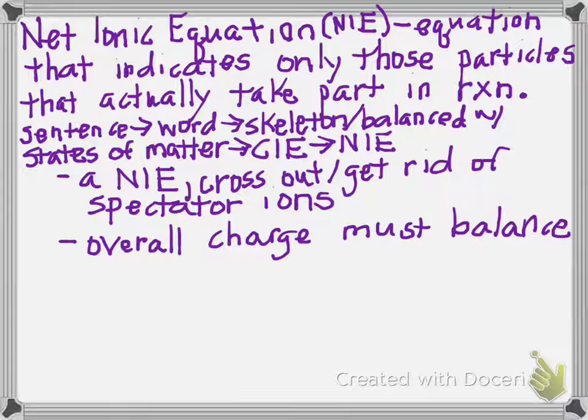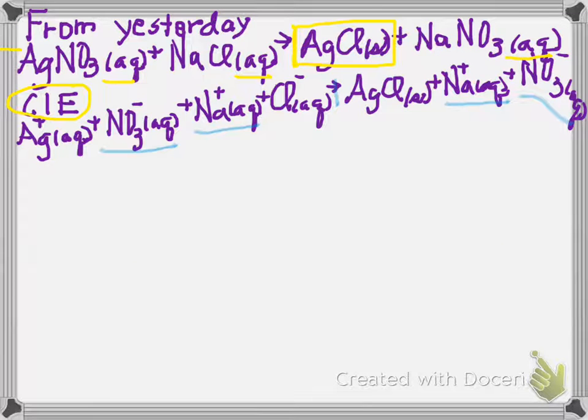So again, now to get our net ionic equation, we are going to cross out or get rid of those spectator ions. So that means that when I go and write my net ionic equation, I'm going to leave these spectator ions out.